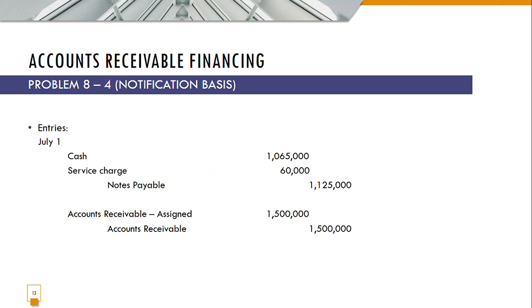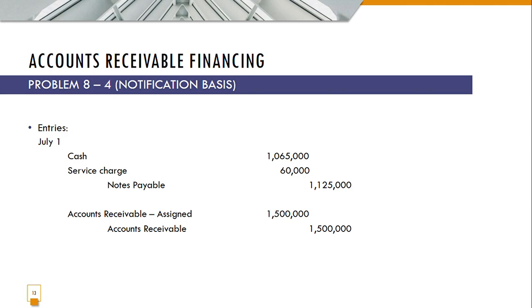So what are the entries? On July 1, as said earlier, the bank only remits 75% of the 1.5 million less the 4% service charge. So 4% service charge was based on the gross amount of 1.5 million.